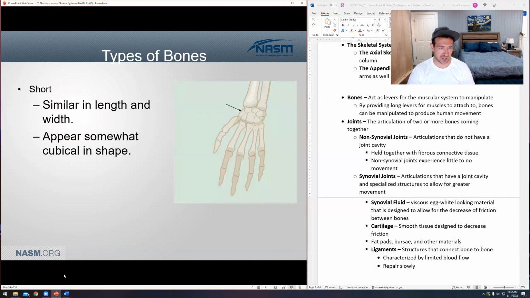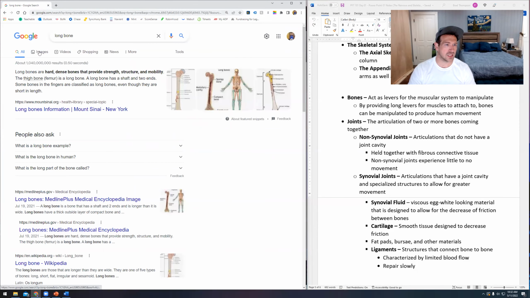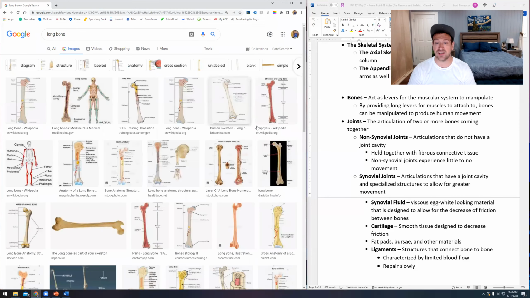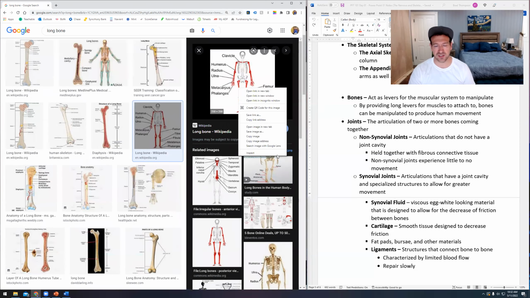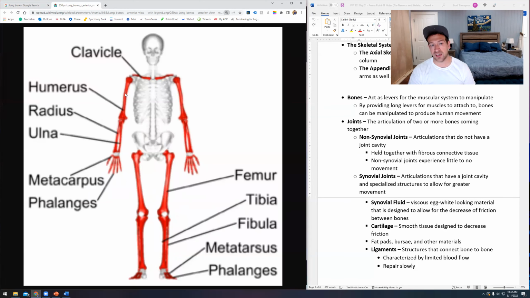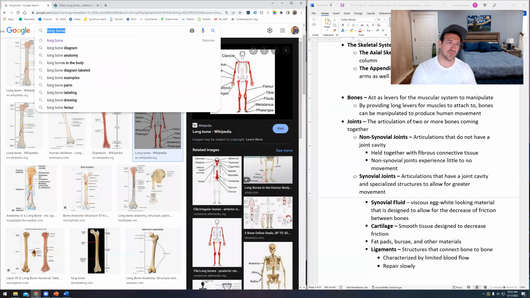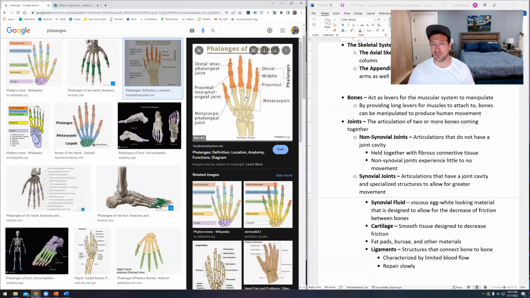Let me take a long bone here. Femur is a long one. Even your fingers, right? Here's a list of all the long bones. Longer than it is anything else. Even your fingers, your phalanges, are still considered long bones.